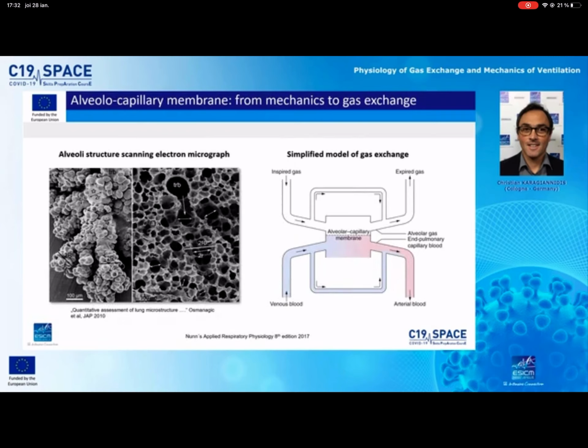So now let's get from the mechanics of the lung to the gas exchange. And this is a typical scanning electron micrograph of a lung, which very nicely shows the acini and the alveoli structure of our lung.